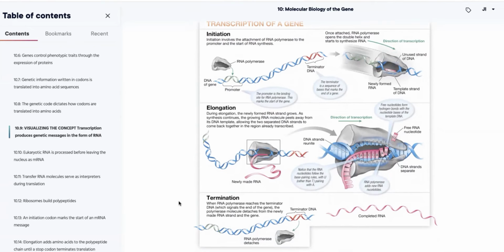Basically, short version here, I recommend that you look through this on your own in great detail. But we've got RNA polymerase. If you break that down, what are we doing? We're polymerizing, and we're making a molecule of RNA, right?